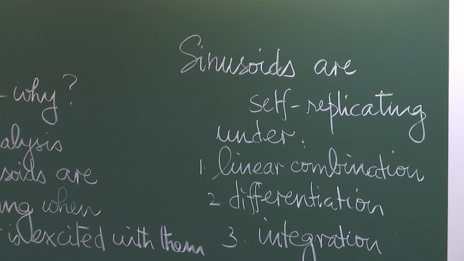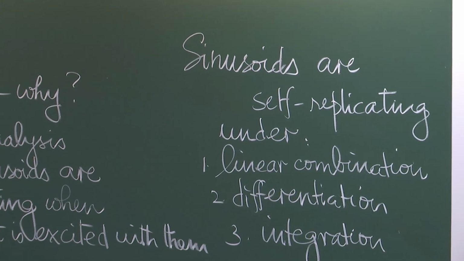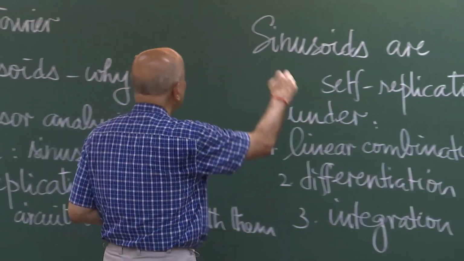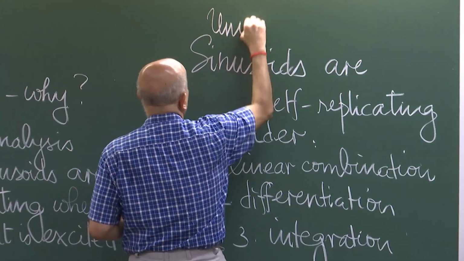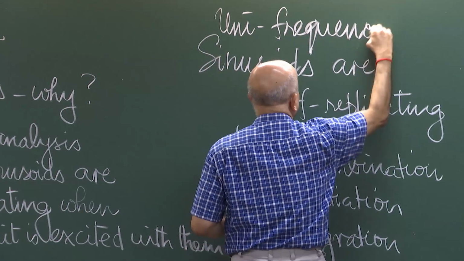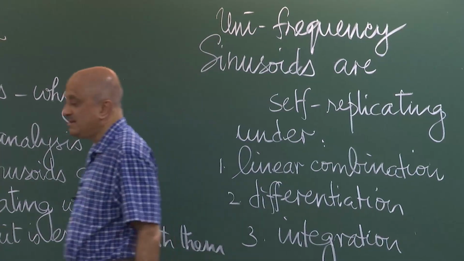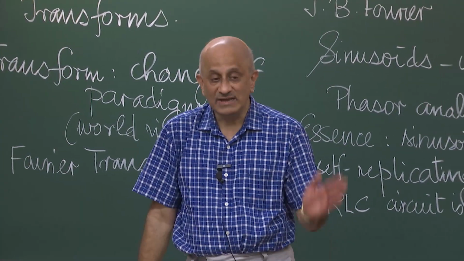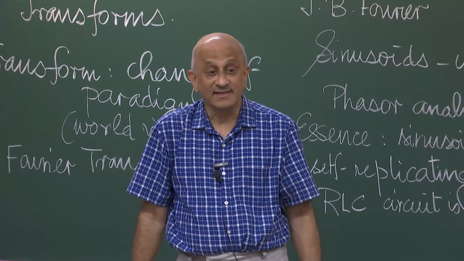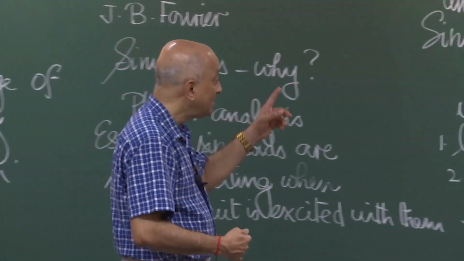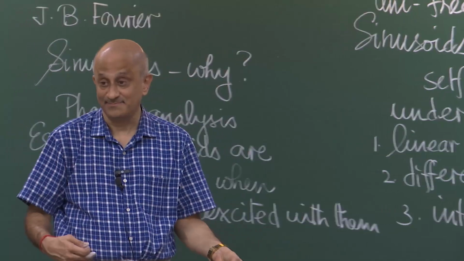So, if I take two sinusoids of the same frequency, I should qualify this by saying unifrequency sinusoids. Unifrequency means a single angular frequency, right? So, unifrequency sinusoids are self-replicating. That means they retain their form under the three operations mentioned here.